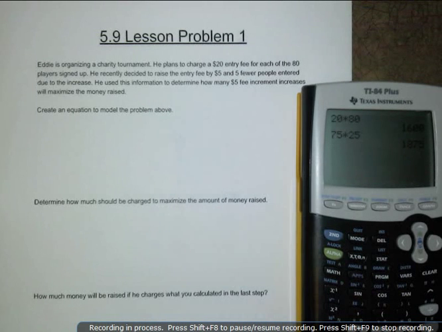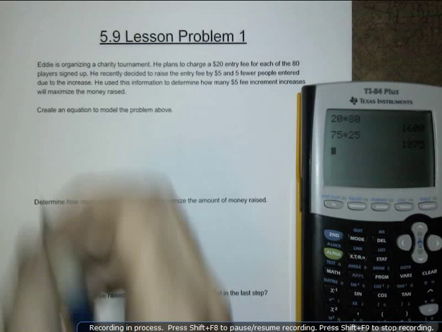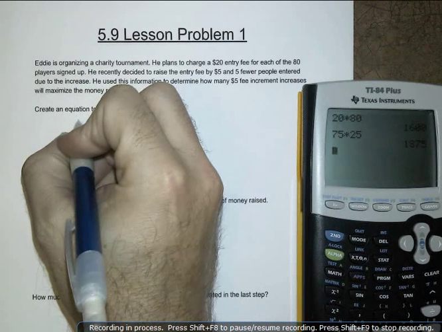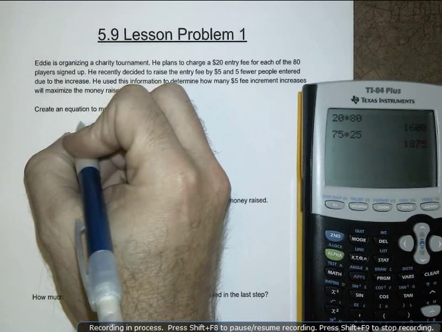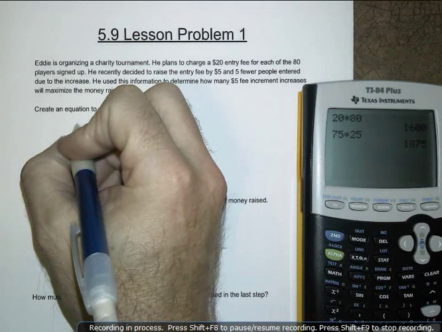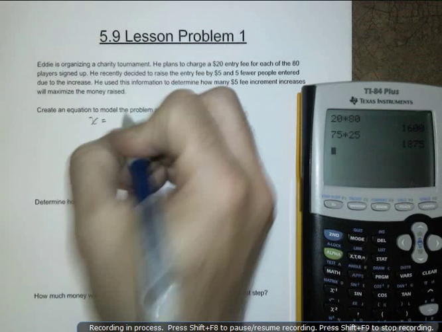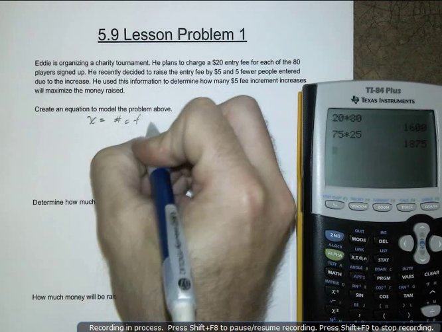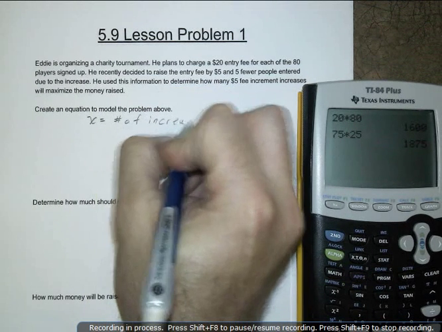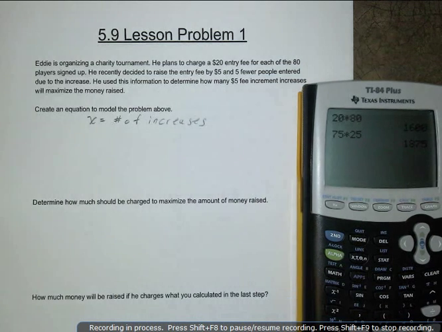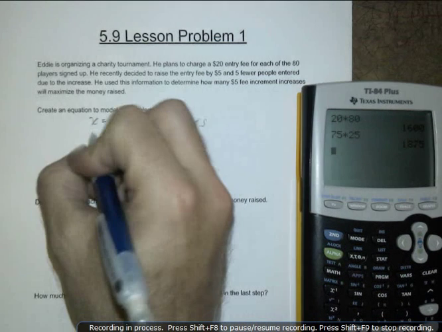So to model this, what you do is you start off with your initial amount. Well, let's define some variables first. Okay, so x is going to be the number of increases. Okay, and y will be the amount of money raised.